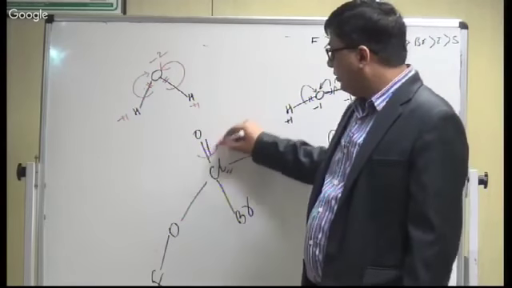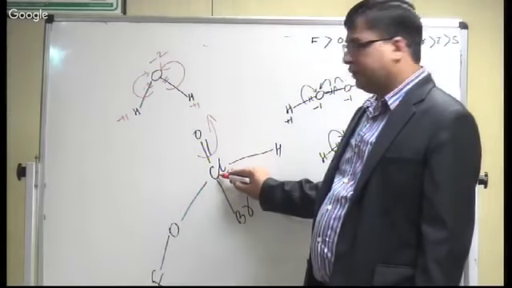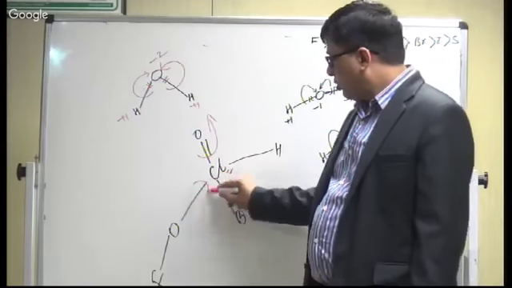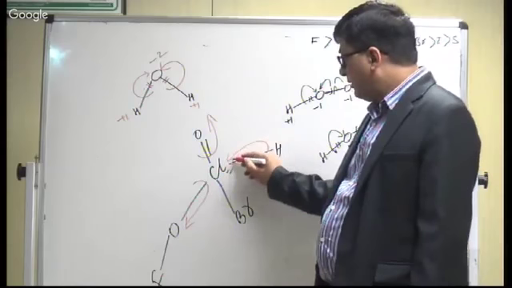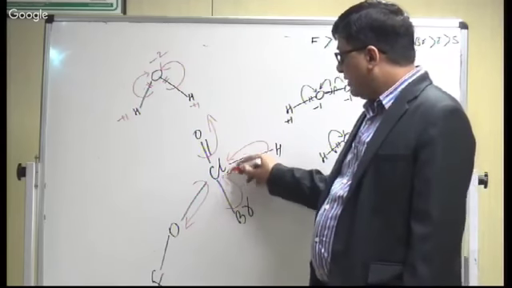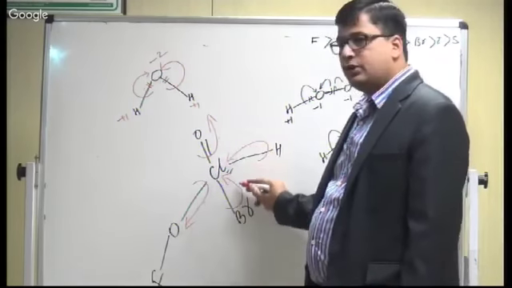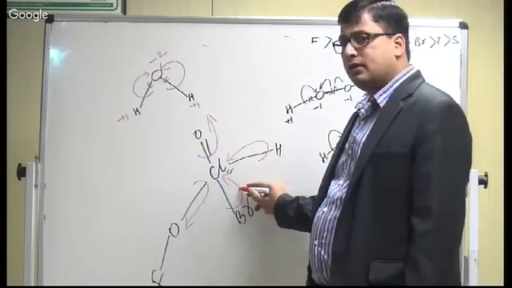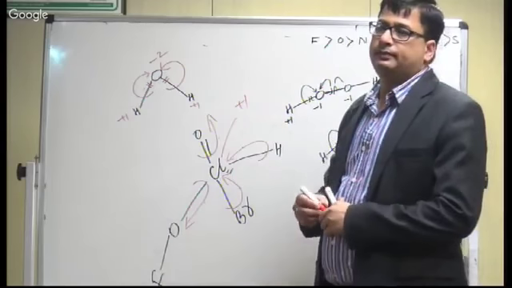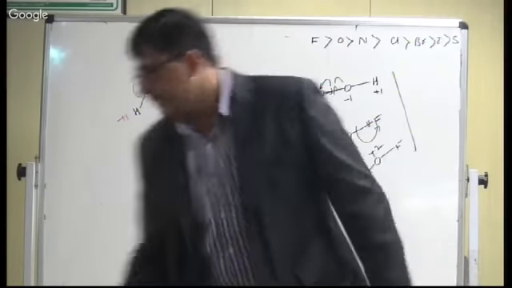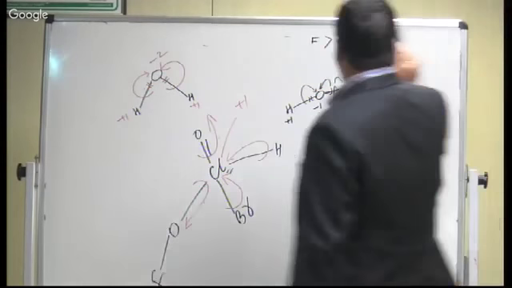Oxygen. How many electrons lost? 2. So this is +2, +3. Gain. This is also gain. So 3 loss, 2 gain. Net loss is 1, so the oxidation state is +1. Clear? The oxidation state is +1.